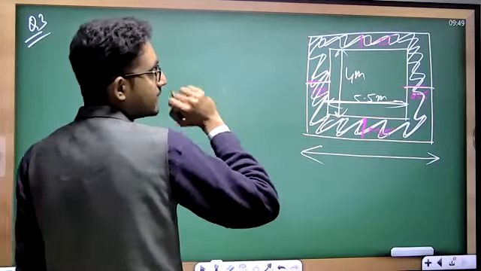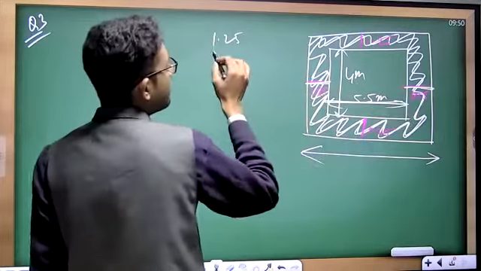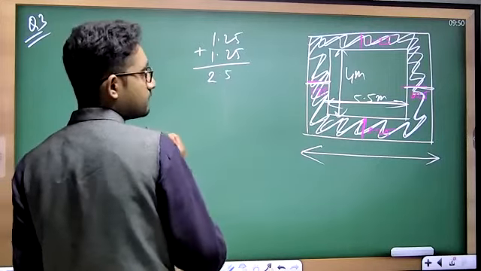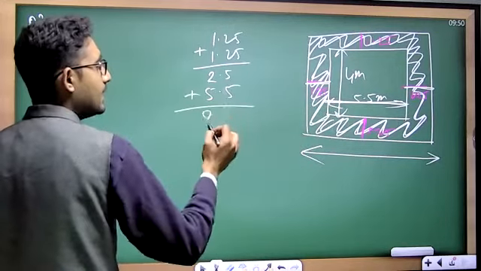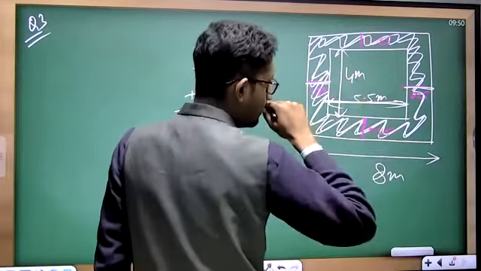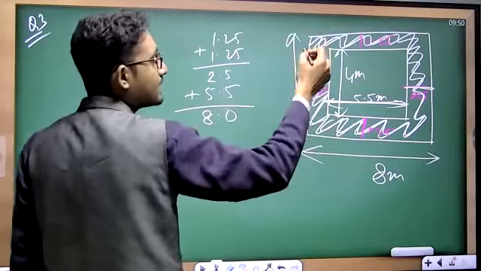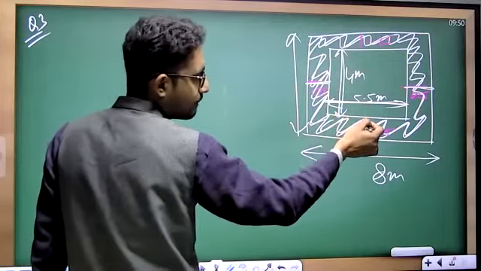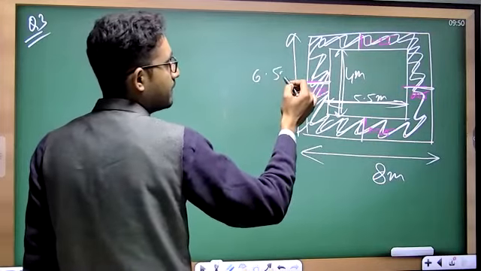If I add 1.25 and 1.25, that is 2.5, and also add 5.5, so that is 8.0. That means the length of this bigger rectangle is 8 meter. And what is the breadth of this rectangle? That is 4 plus 1.25 plus 1.25, that is 6.5 meter.